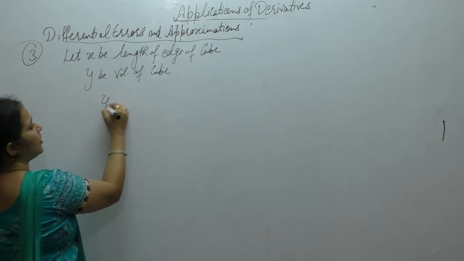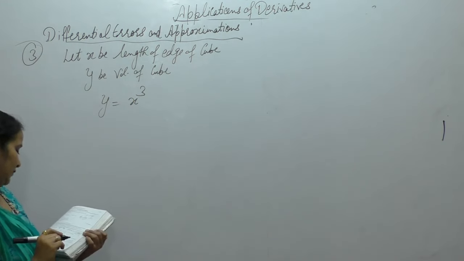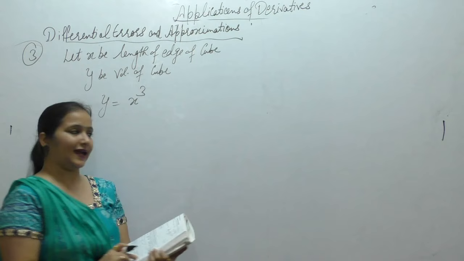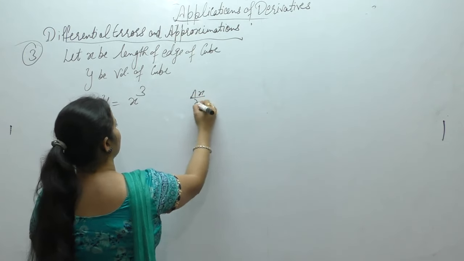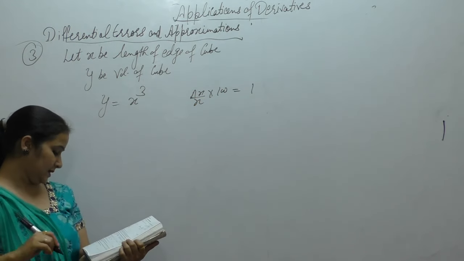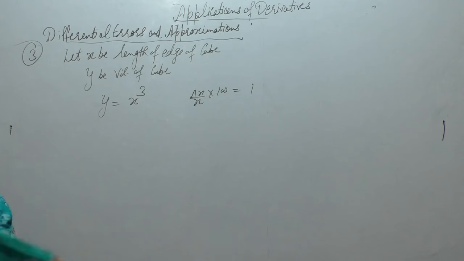What is the volume of a cube? It is equal to side cube. Clear? If an error of 1% is made in measuring the length of the edge of the cube.